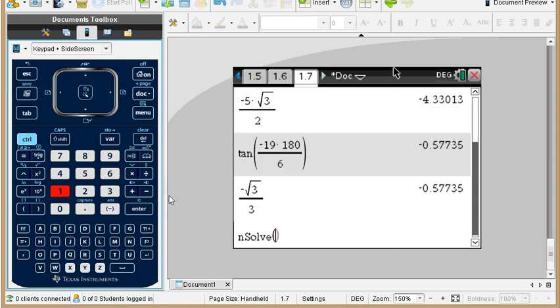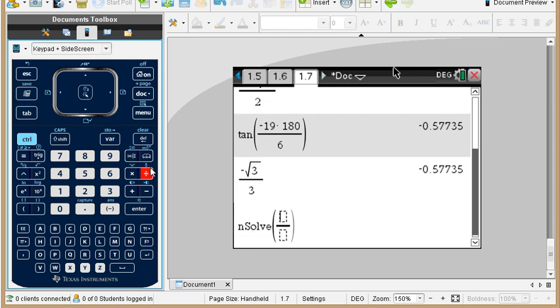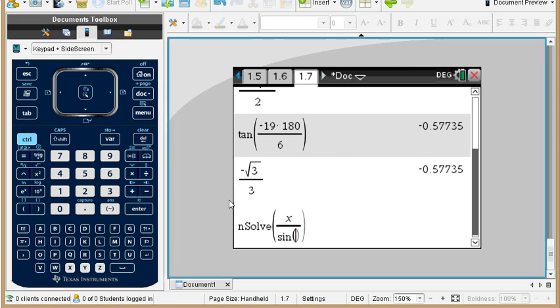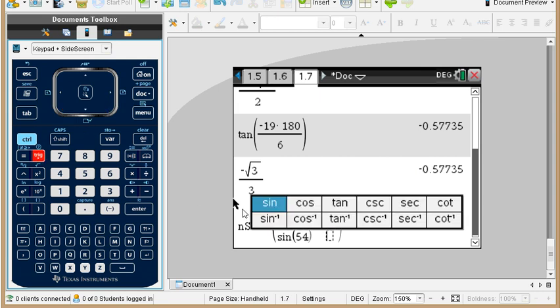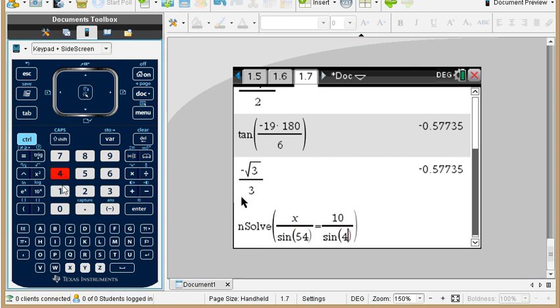So we'll say x over sine 54 degrees equals 10 over sine 41 degrees. And we go over here to the right and just put comma x. And for that we get 12.33 roughly.